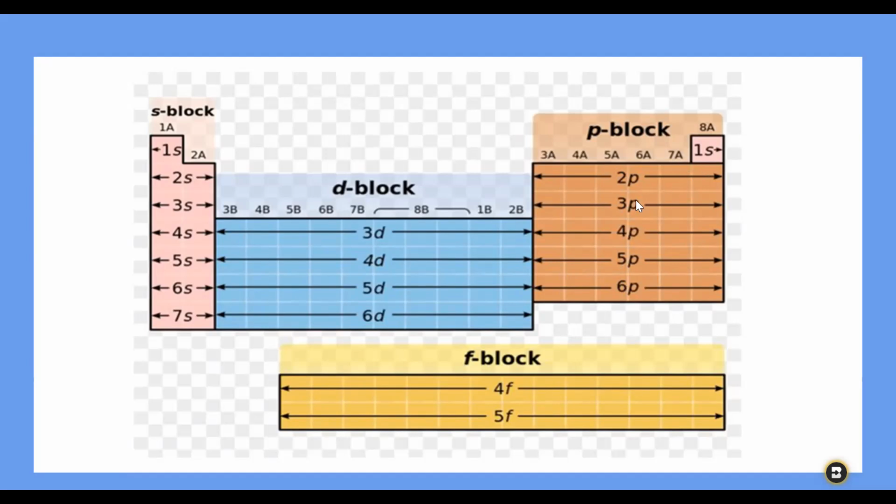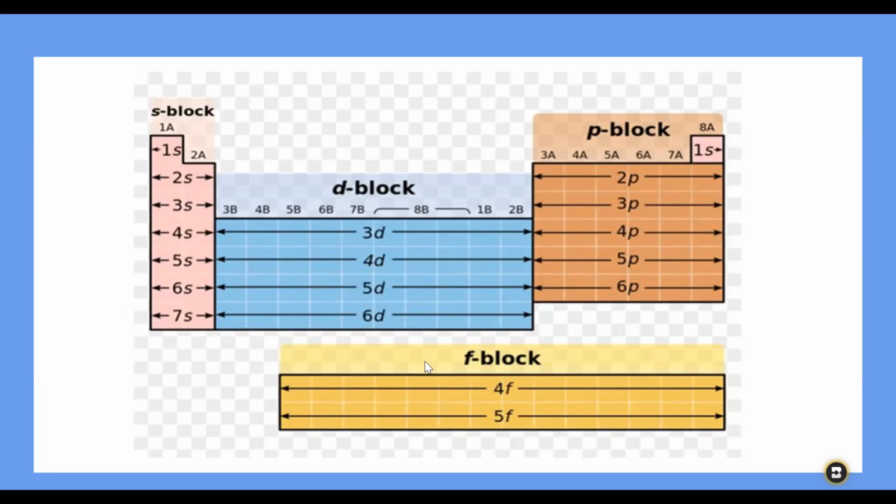Now, the D block has a maximum of 10 electrons as it starts from 3d. So you see 3d, 4d, 5d, 6d, then you have 1, 2, 3, 4, 5, 6, 7, 8, 9, 10, because it can hold a maximum of 10 electrons.